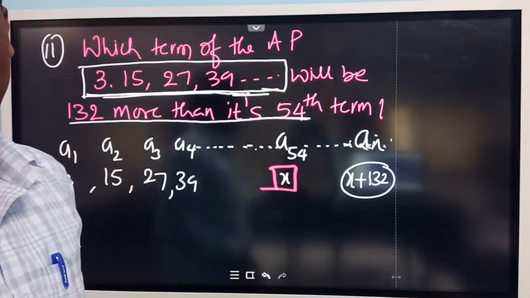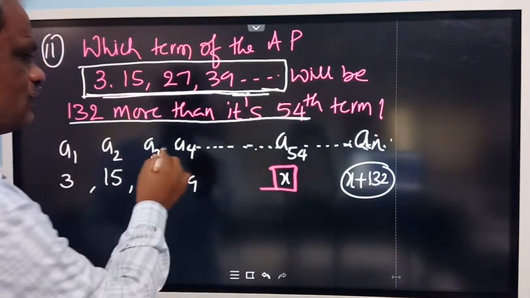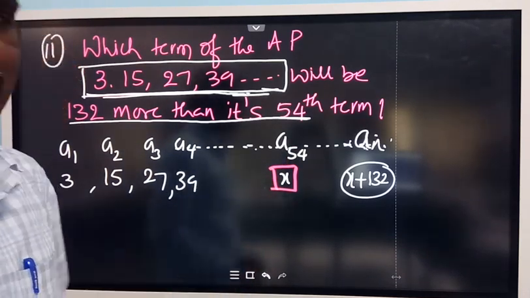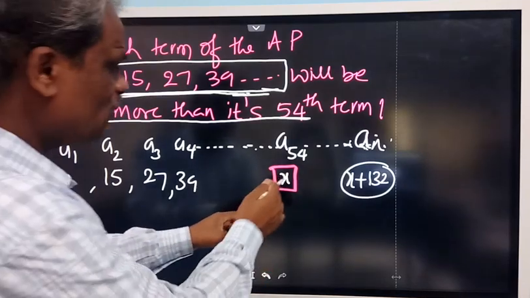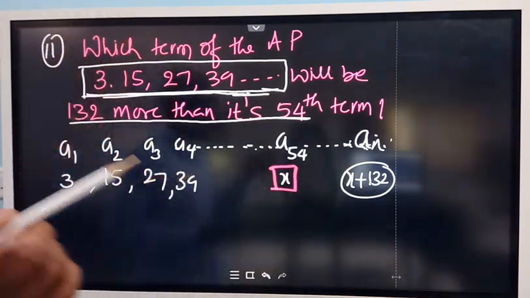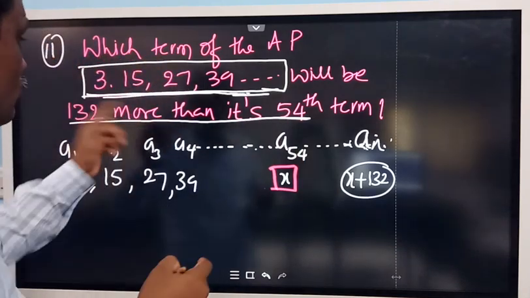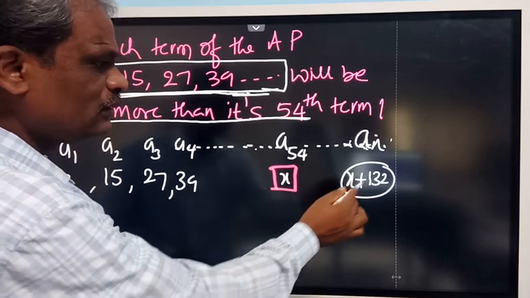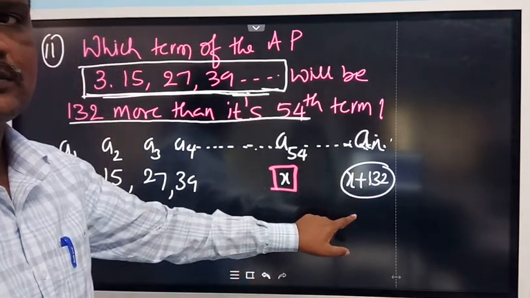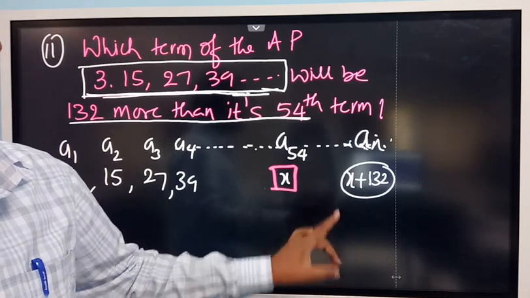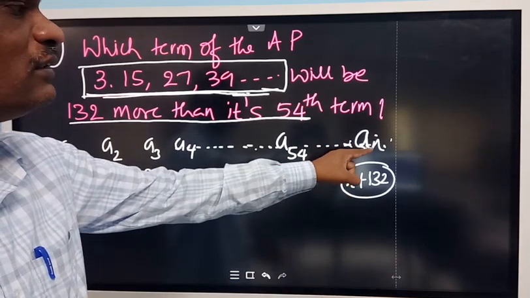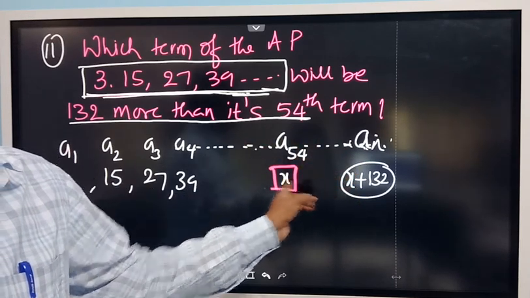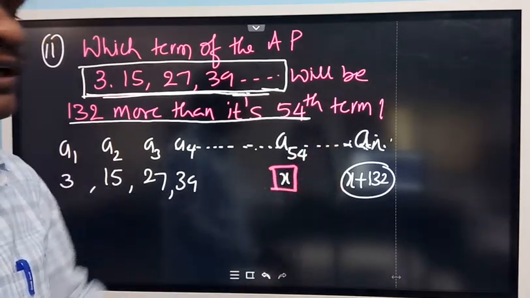To find that, you should first know the 54th term, A54, which I have assumed as X. To this you add 132, and that will be An. But we have to find n, which means which term of this given AP it is.